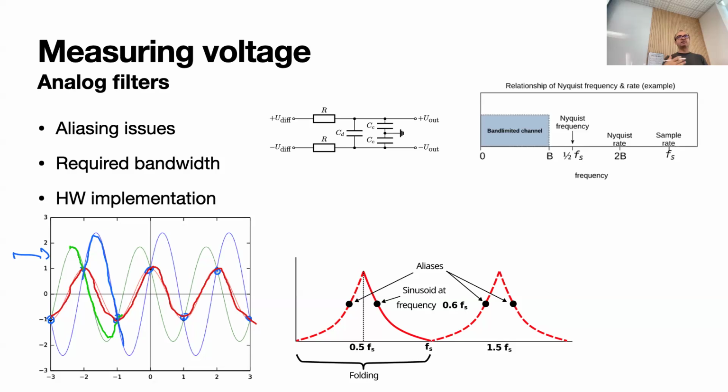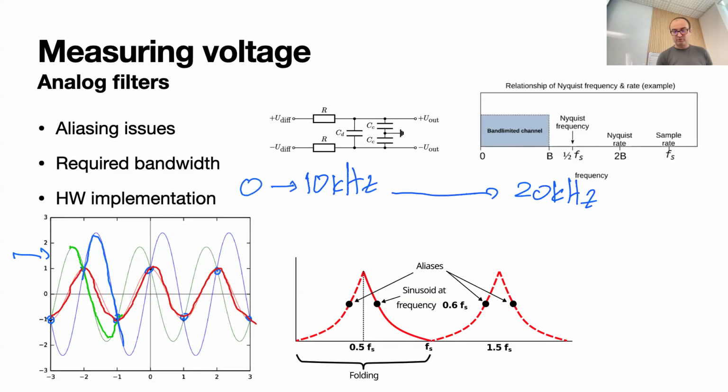So in our case, we are going up to 10 kilohertz, so we have to sample at 20 kilohertz. In such a way, we will be able to distinguish every frequency from 0 to 10 kilohertz without any error. Go open Wikipedia or wherever and look up the Shannon-Nyquist sampling theorem, and that is the case.